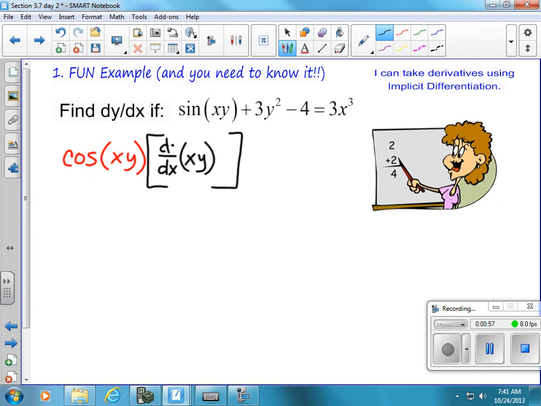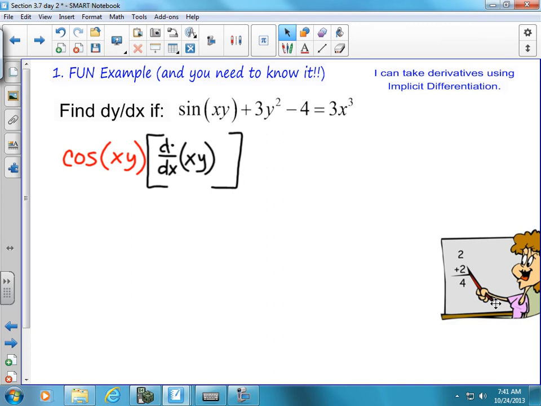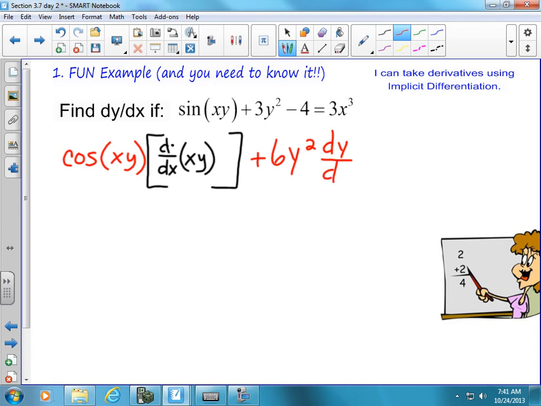The derivative of xy. All right, and then we're going to take the derivative of the rest of this equation. 6y squared dy dx. Now remember, the derivative of 4 is 0, equals 9x squared. Whoops, we only need a 6y here, don't we?